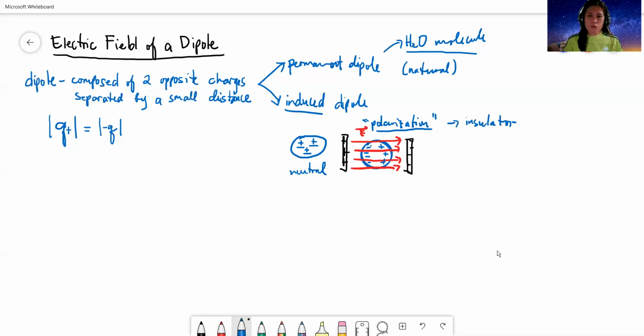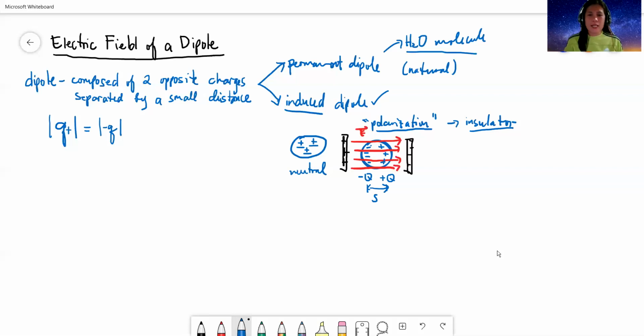The net negative charge and the net positive charge here are both equal, and there's a small separation between them. So the sphere now is said to be an induced dipole. The rearrangement of the electric charges within the insulator as we place it in a space where there's an electric field, that's the process we call polarization.